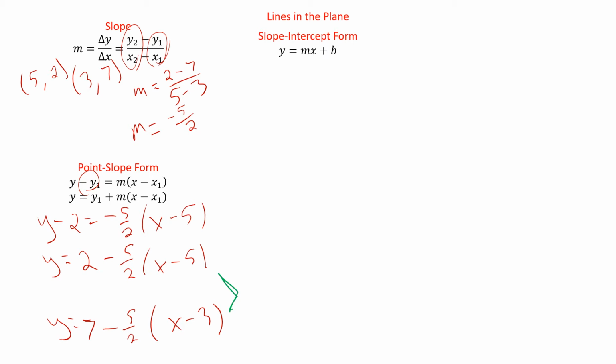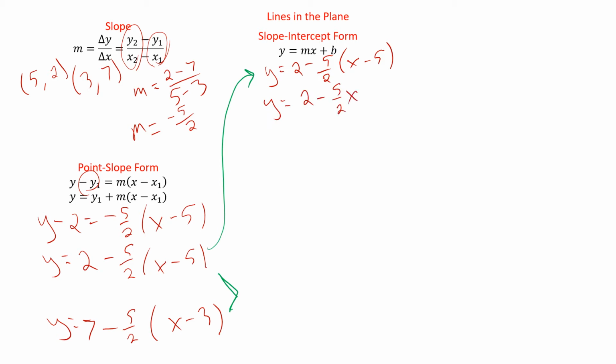To find this, I would start out with the point-slope form. You plug it into the point-slope form. We'll start with that equation. So I'm just going to bring it up. We know that y equals 2 minus 5 halves times x minus 5. And then you simply just distribute and combine your like terms. y equals 2 minus 5 halves x.